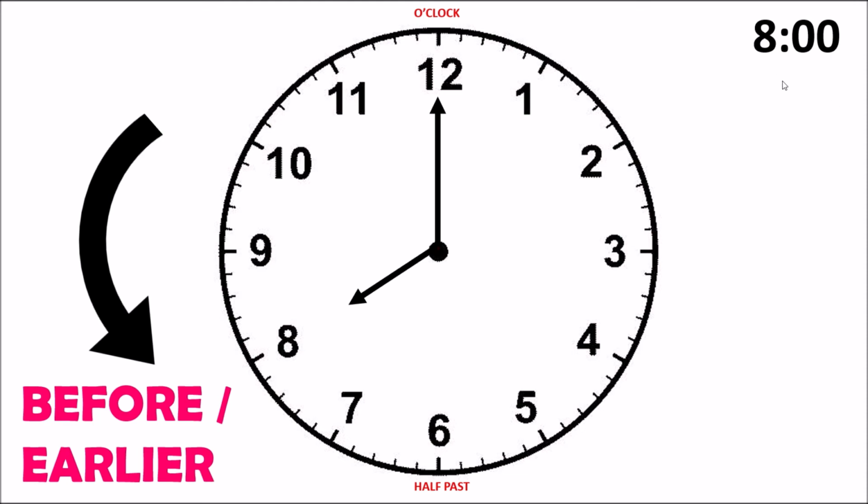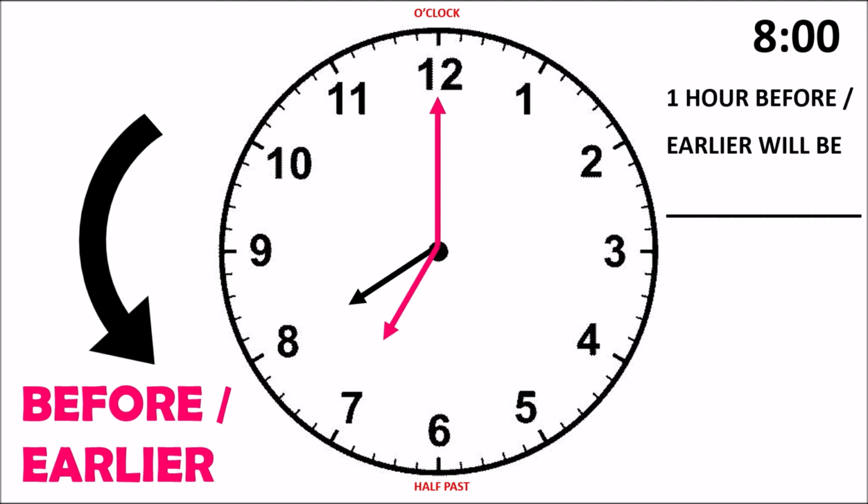And if I move the hands back 1 hour before 8 o'clock, the minute hand goes all the way around 1 hour back to the 12. What is the new time? What is 1 hour before 8 o'clock? It will be 7 o'clock.